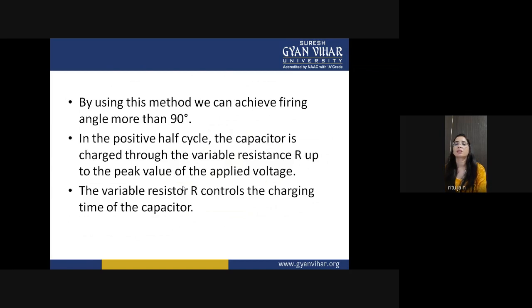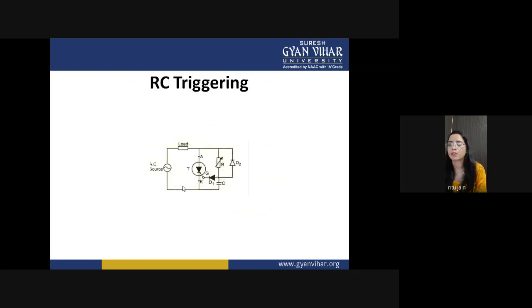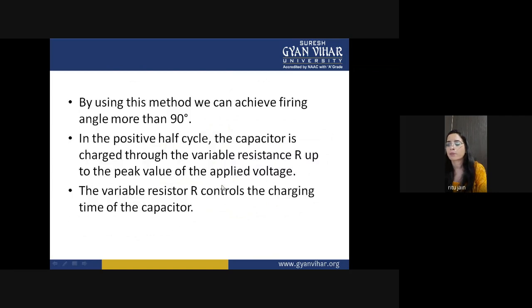In the positive half cycle, the capacitor is charged through the variable resistance R up to the peak value of the applied voltage, as it is clear from the diagram that the capacitor can be charged. So for positive half cycle, the capacitor will be charged through resistance R up to the peak value of the applied voltage, and the variable resistor R controls the charging time of the capacitor.